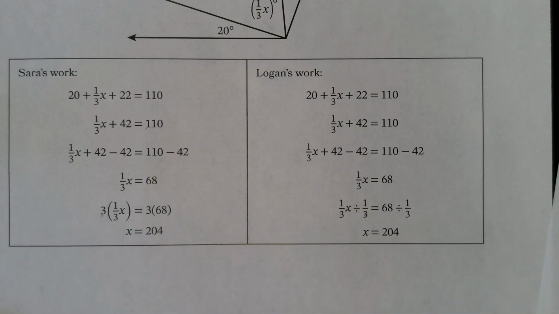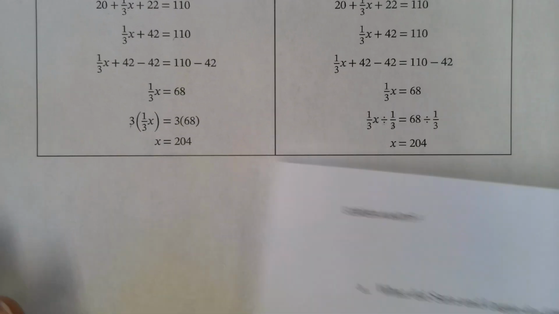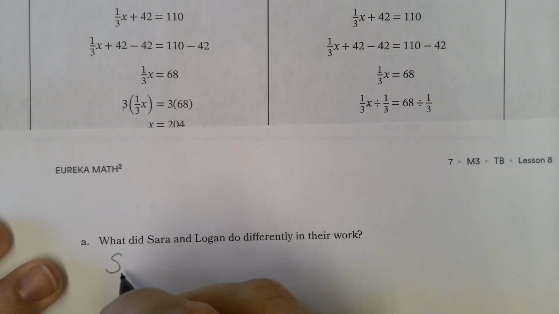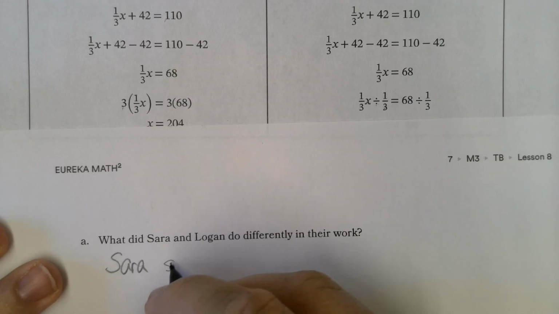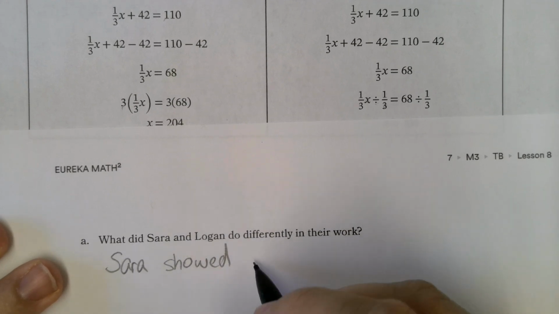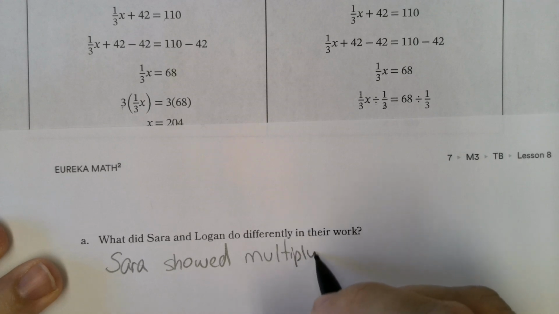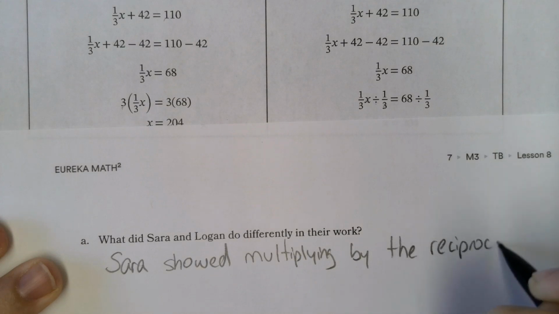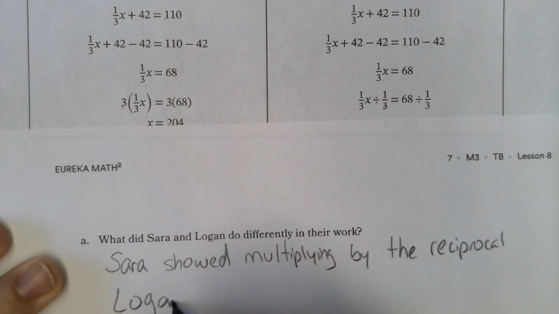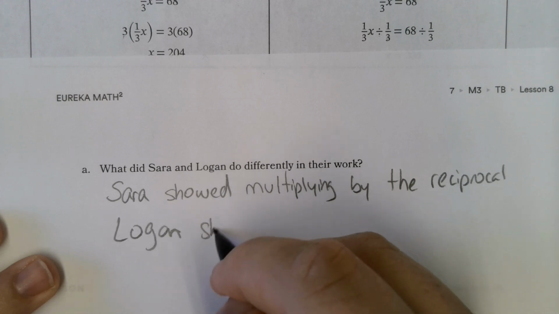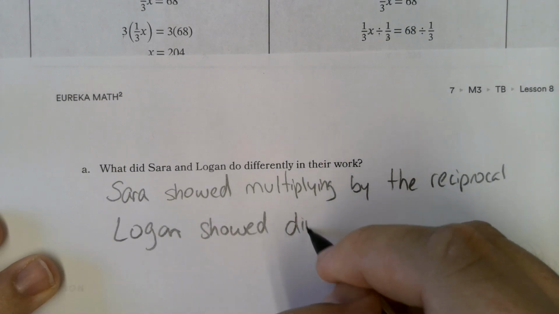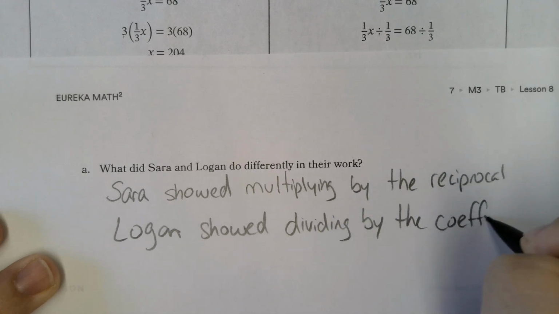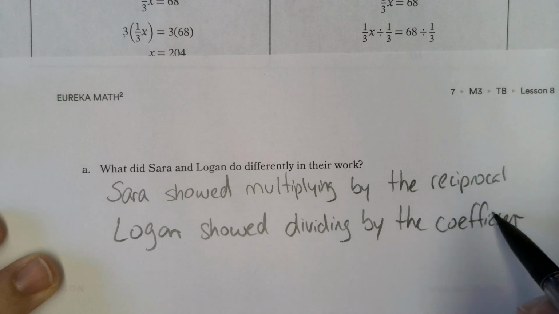So what did they do differently? They did the same thing, we just call them different things, sort of. Sarah showed multiplying by the reciprocal. Logan showed dividing by the coefficient, and the reciprocal of the coefficient.